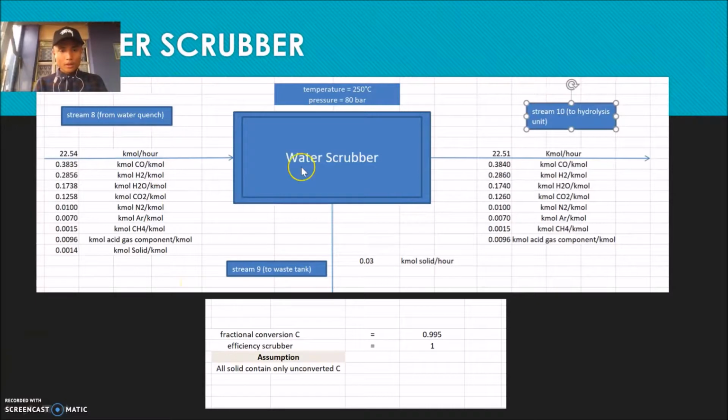Next, the water scrubber. The efficiency of the scrubber is equal to 1, because the syngas produced doesn't have a lot of contaminants such as carbon or slag. But we assume that the scrubber only removes the unconverted carbon.